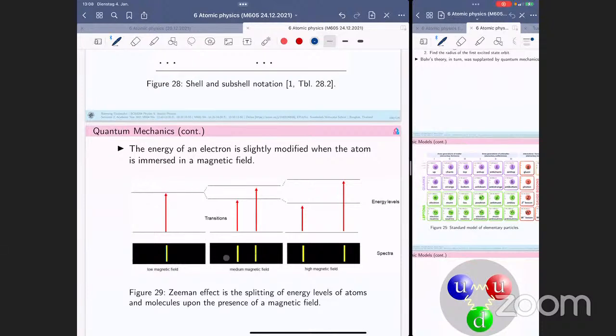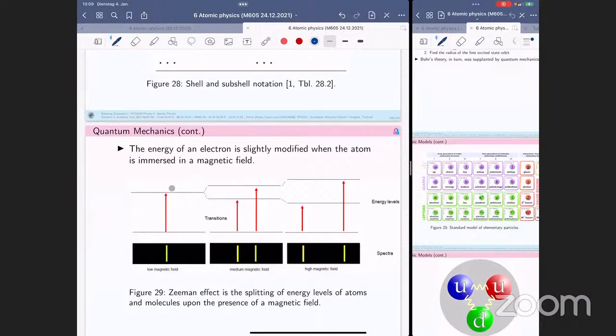But for the medium magnetic field, from the single energy level, we have split levels for the energy. How could the physicists observe the splitting energies for the electron orbits? They observe this phenomenon from the light bar.